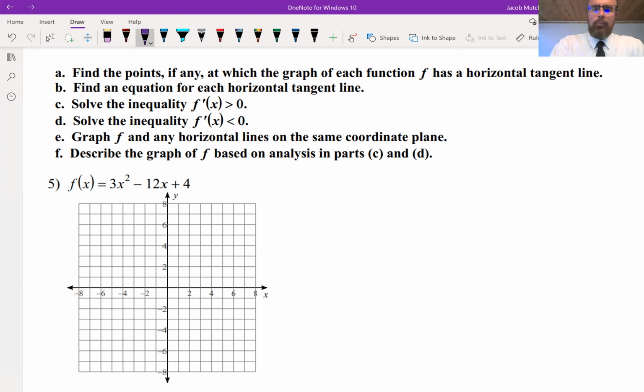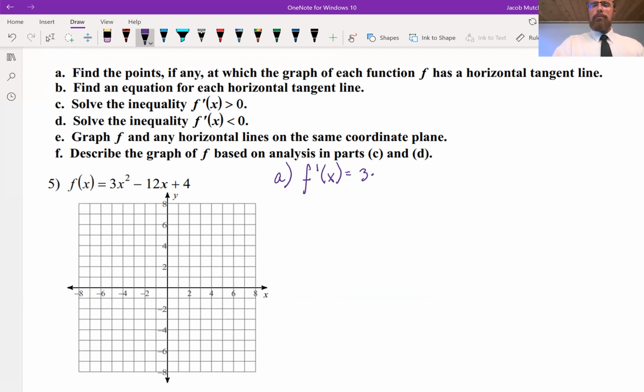And what we need to do is then interpret what does it mean to have a horizontal tangent line? What's the slope of a horizontal tangent line? But first, let's find the derivative. So the derivative of f of x, and here again, I'm going to apply those rules to speed up the differentiation. Constant multiple rule says the 3 stays put.